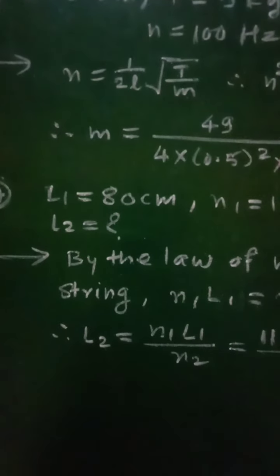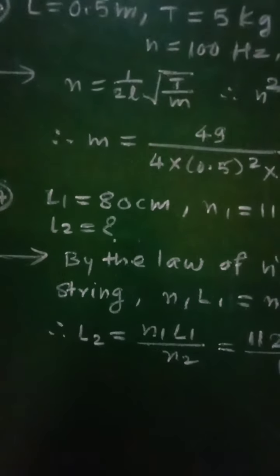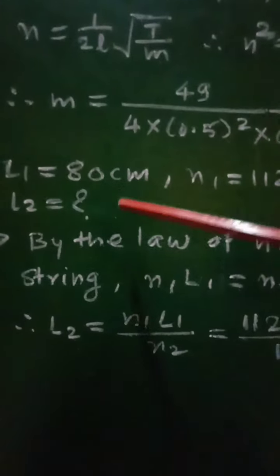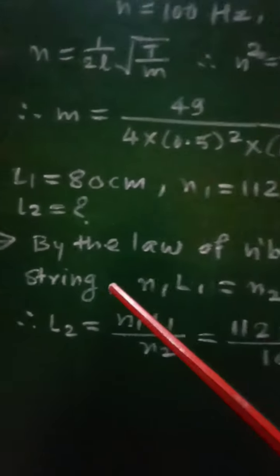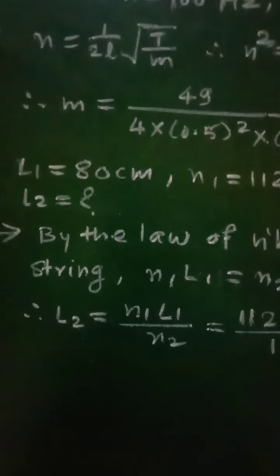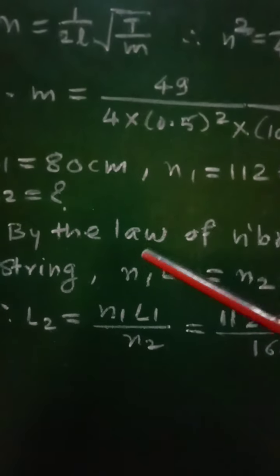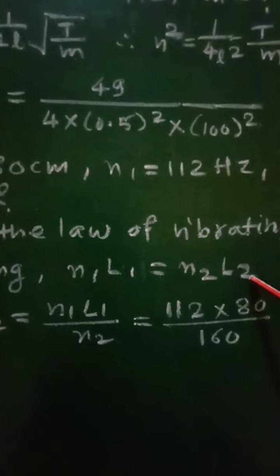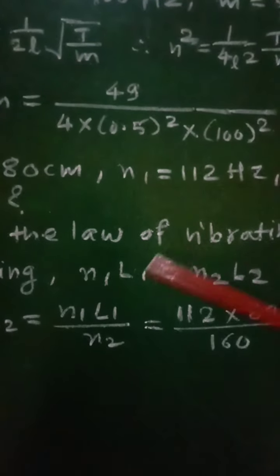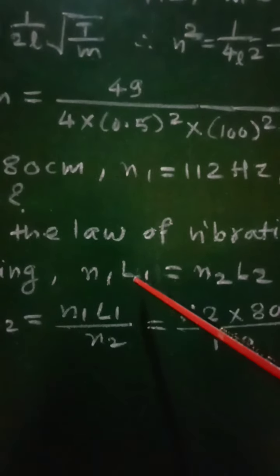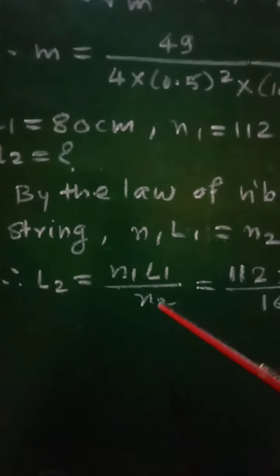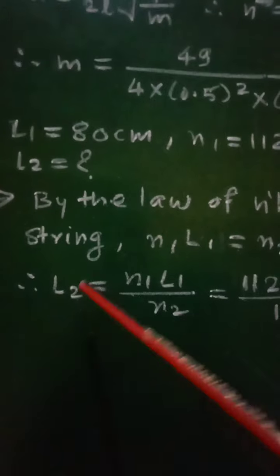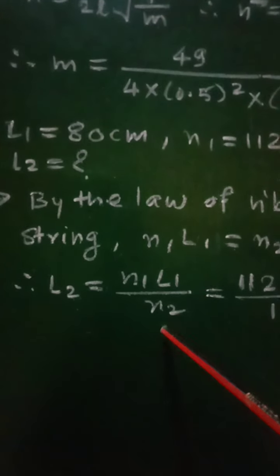And therefore we know that by the law of vibrating length of the string, NL is equal to constant or N1 L1 equal to N2 L2. As NL is equal to constant, therefore we can write N1 L1 equal to N2 L2, and therefore L2 will be equal to N1 L1 upon N2.